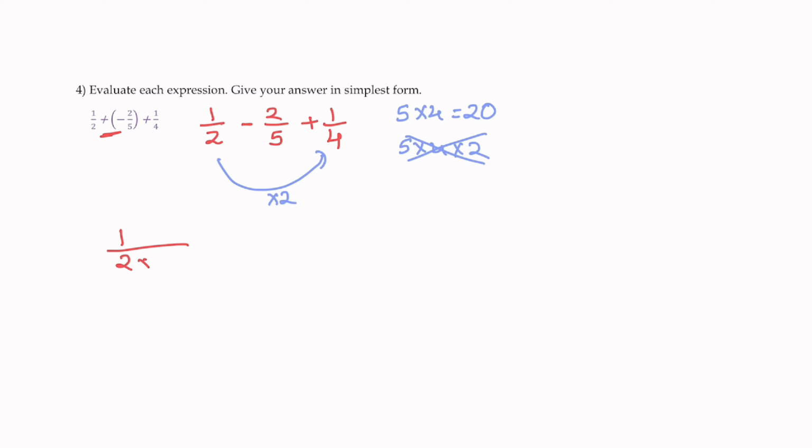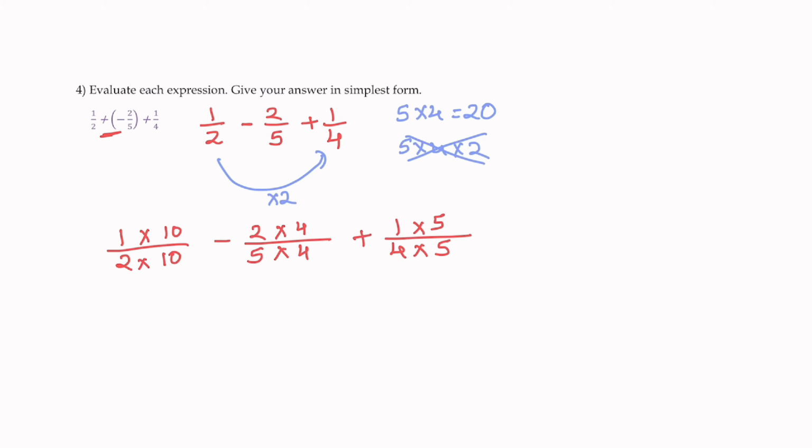1 over 2, that is times 10, minus 2 over 5 times 4 to make it 20, plus 1 over 4 times 5. So our denominators are equalized.